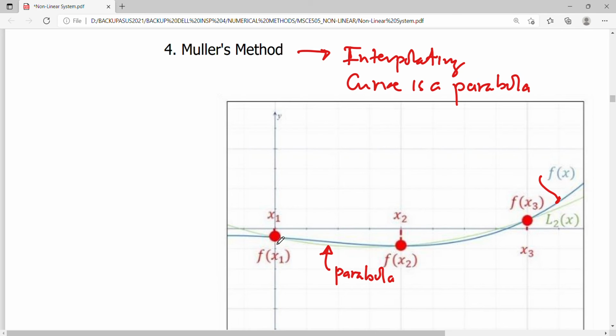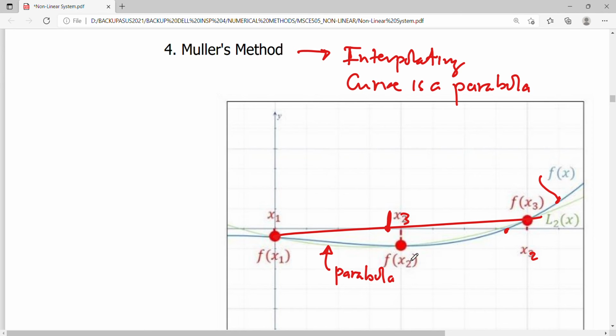So, pag dalawa yung point mo dito, this will be your interpolating line. Kung ito yung root na hinahanap mo, ang layo. Ang layo nung third guess value mo dito. Actually, this must be x1, this must be x2, ito yung x3 mo dyan.